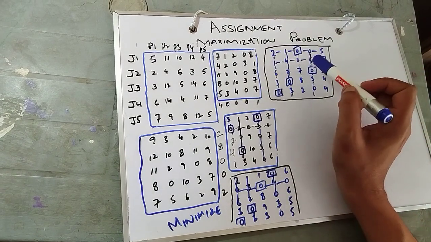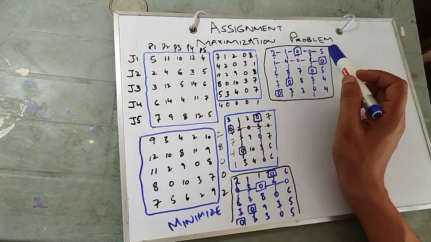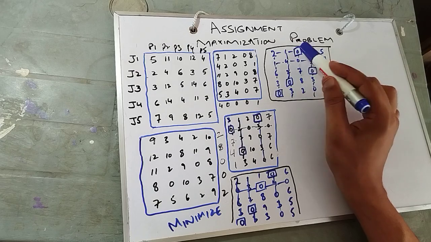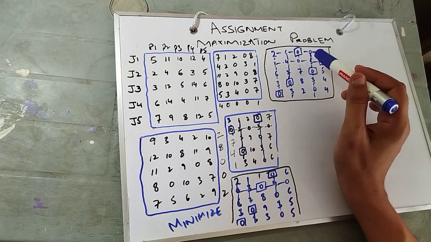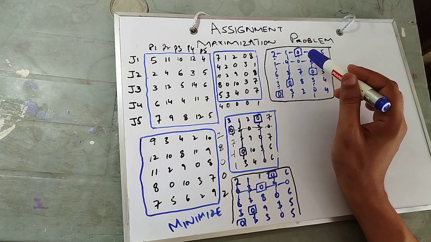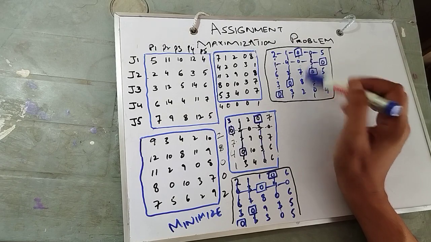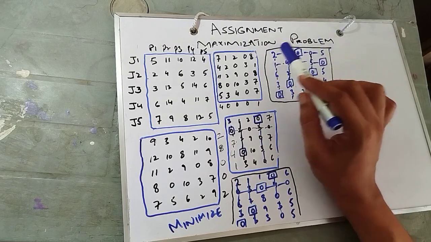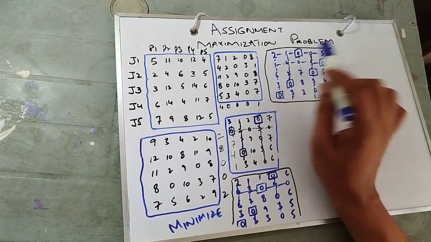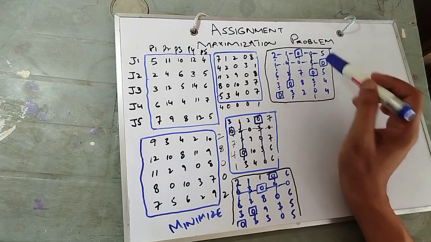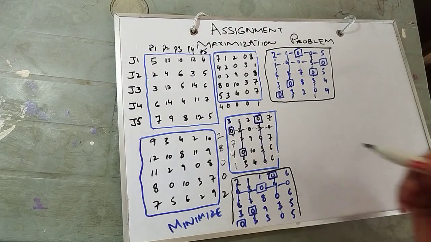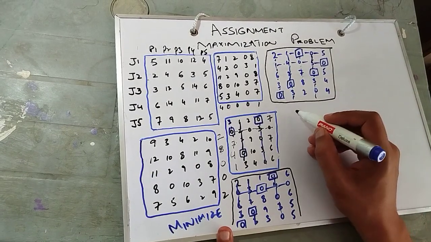We assigned this zero, because it was the only one left in this column. So we assigned and we cut the whole row. So you see 1, 2, 3, 4, 5. 5 are assigned. Let me write for you.